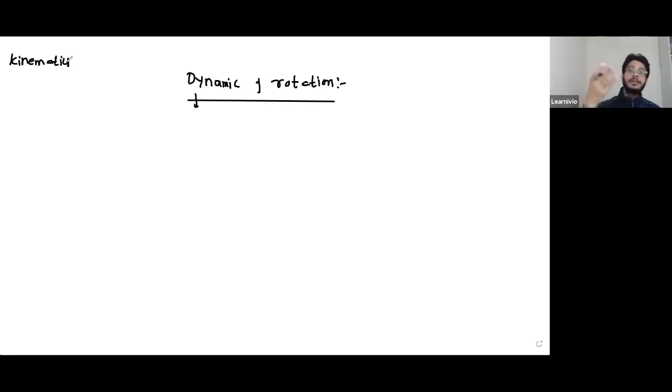You will study linear velocity and angular velocity. You will study acceleration, but you will not study the cause of that velocity. Why is that acceleration coming? Why is your body moving with a certain velocity? You won't do those causes in kinematics. Kinematics, we just deal with motion. Whatever be the cause, once the body has moved, then you will calculate the velocity, the acceleration, the displacement of the body. But in dynamics particularly, we deal with the cause of motion. The cause of straight line motion is force, but the cause of rotation is torque.